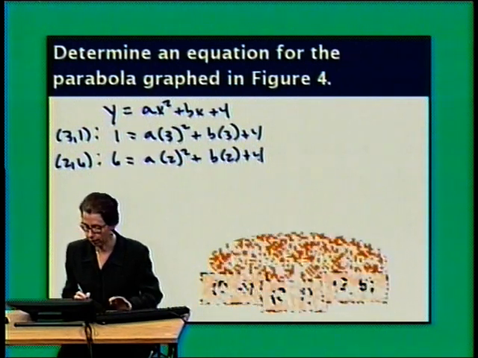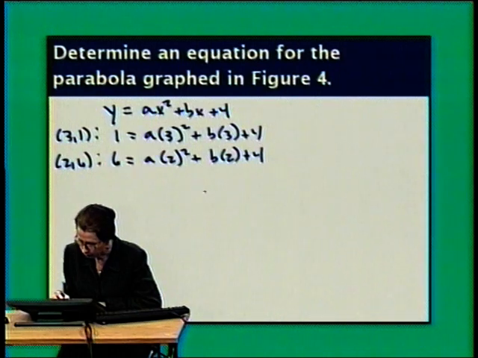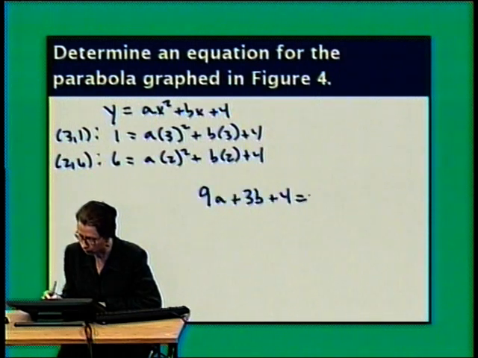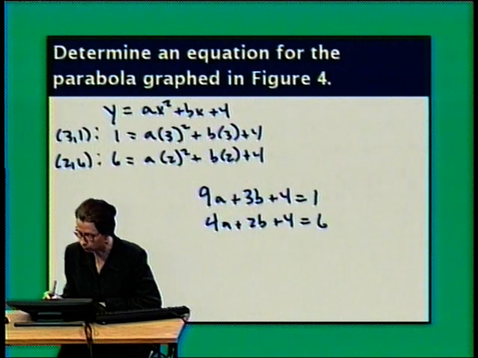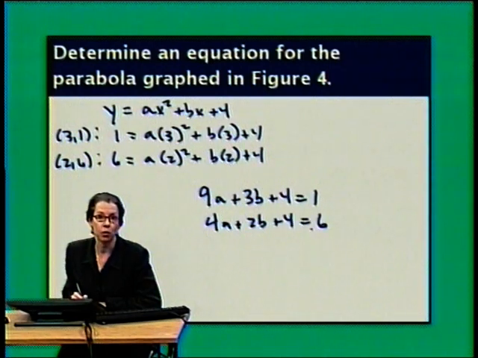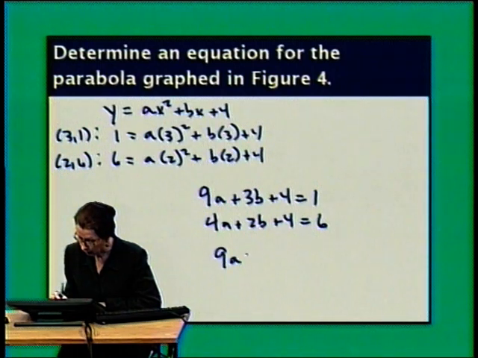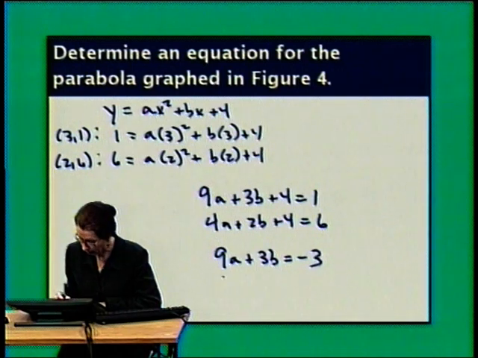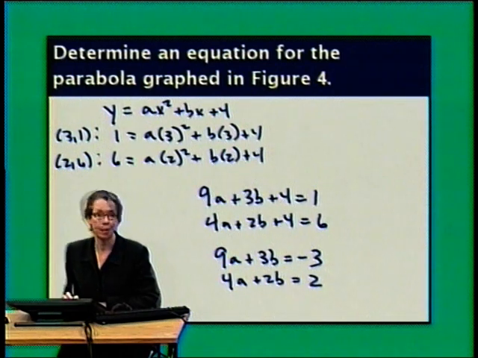So simplifying things a bit here, I have 9a plus 3b plus 4 equals 1, and 4a plus 2b plus 4 equals 6. Rewriting this system of equations so I have the constants on one side leaves me 9a plus 3b equals negative 3, and 4a plus 2b equals 2. Let's solve this system for a and b.